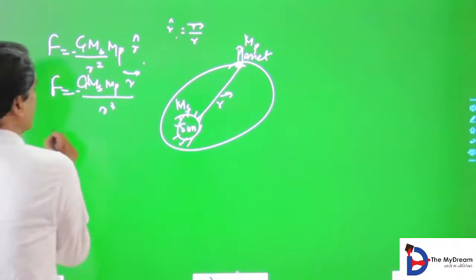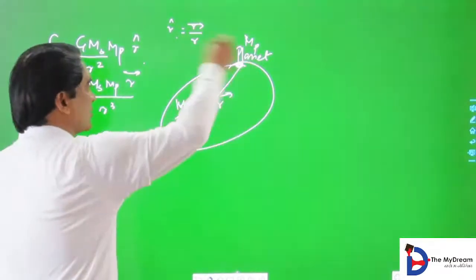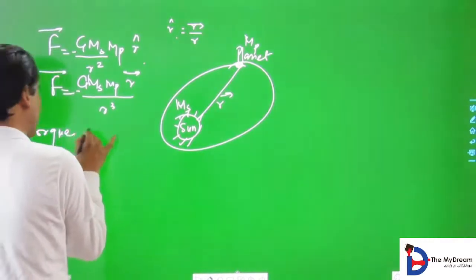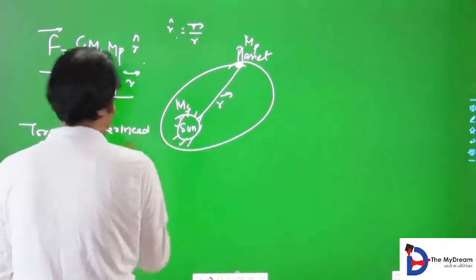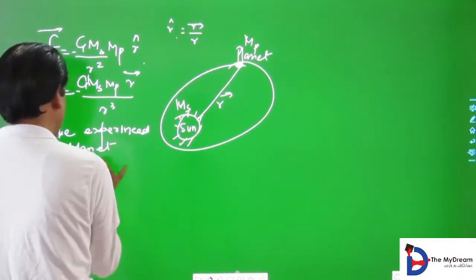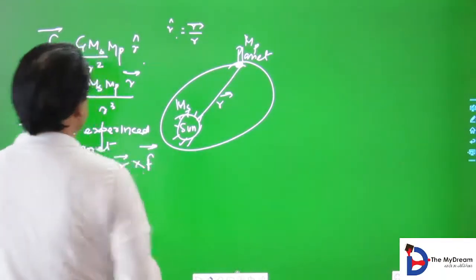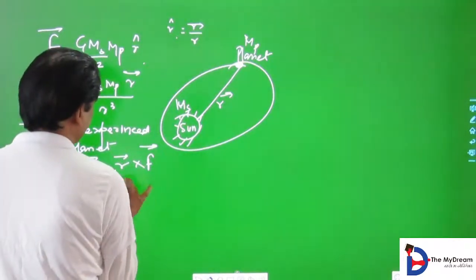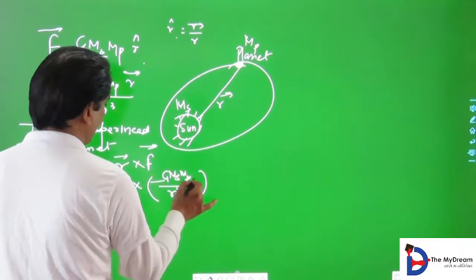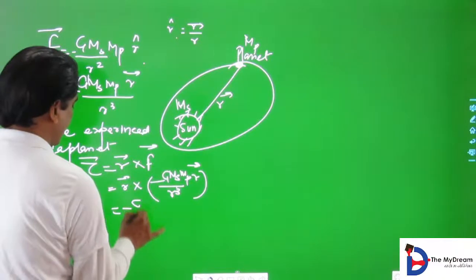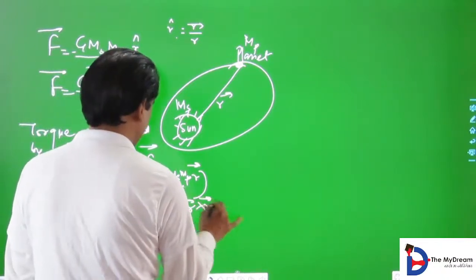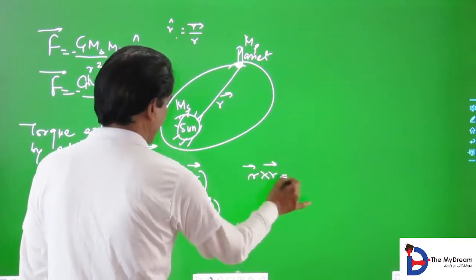So torque: as the planet revolves around the sun, you can write down the torque experienced by a planet, tau is equal to R cross F. This is R, this is minus G M_S M_P over R cubed into R cross R. And you know position vector R cross R is equal to 0.